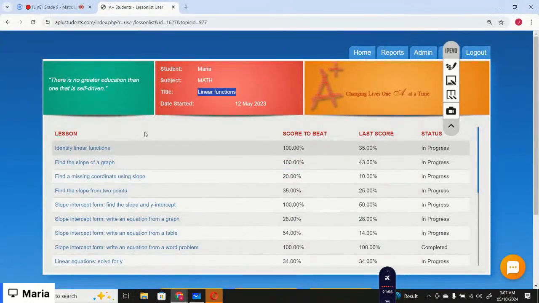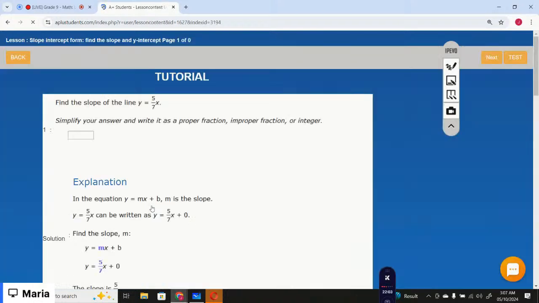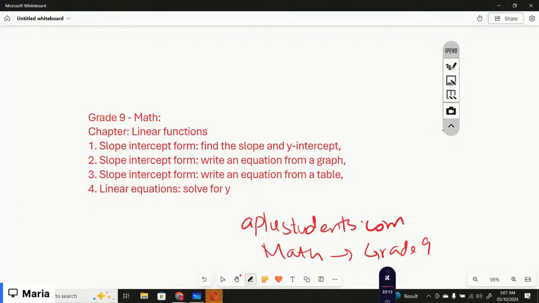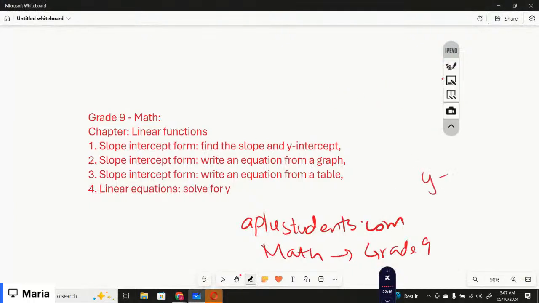Right now it is linear functions. Let's start with the lesson slope-intercept form, find the slope and y-intercept. The first thing you need to learn is what the slope-intercept form is. It is the equation in the form y equals mx plus b.